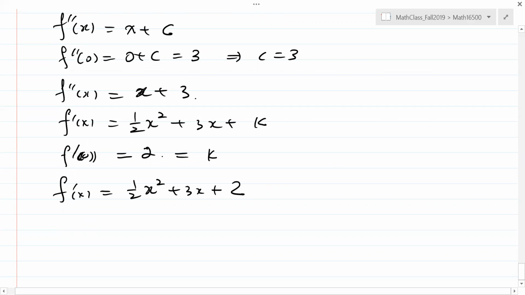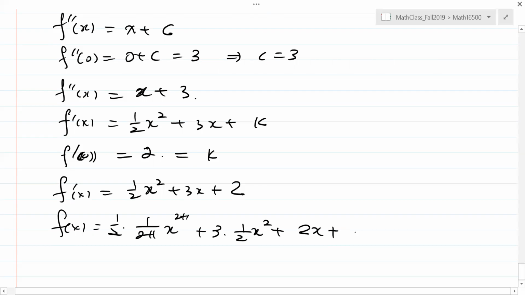Then you try to find the antiderivative of each term. Then you solve the problem. Okay, the antiderivative of x squared is 1/3 x cubed, and let's use another constant called d.